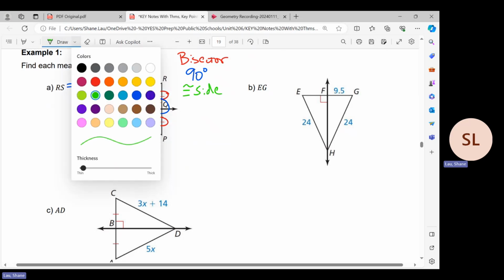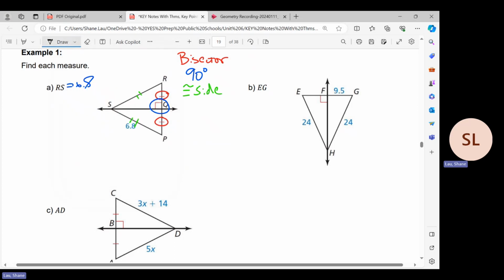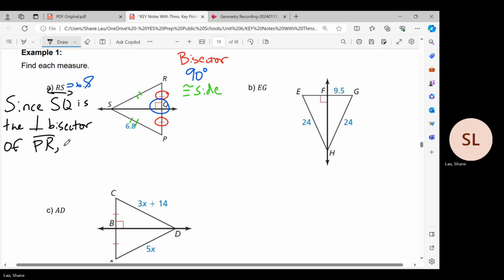And so what I would write here, if I were to write this into a sentence, is since line SQ is the perpendicular bisector, and you can kind of shorthand it a little bit, bisector of segment PR, it follows that SP is equal to SR.